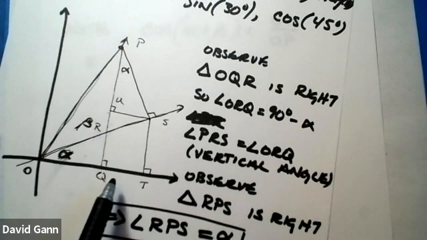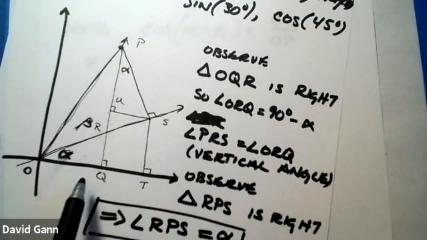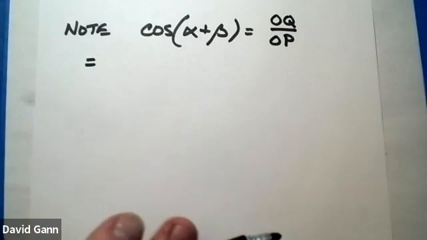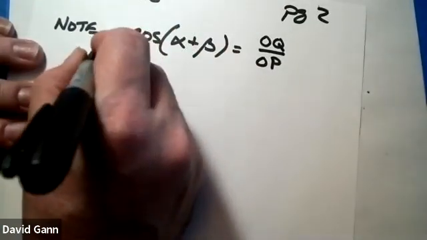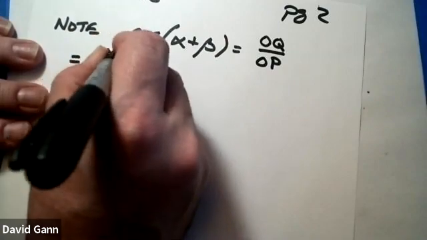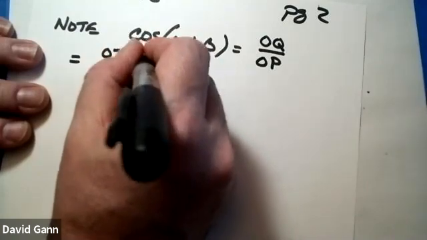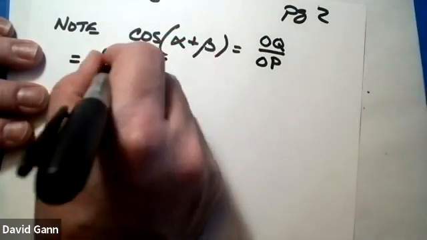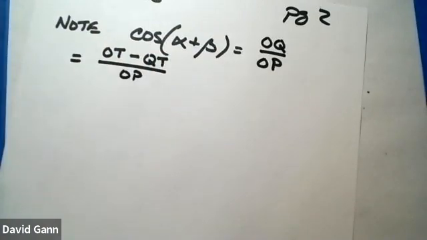Now I want to write OQ as OT minus QT. So the numerator of this expression becomes OT minus QT, all over OP. Okay, does that make sense?